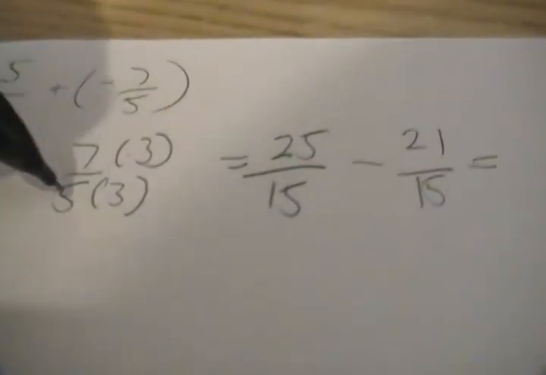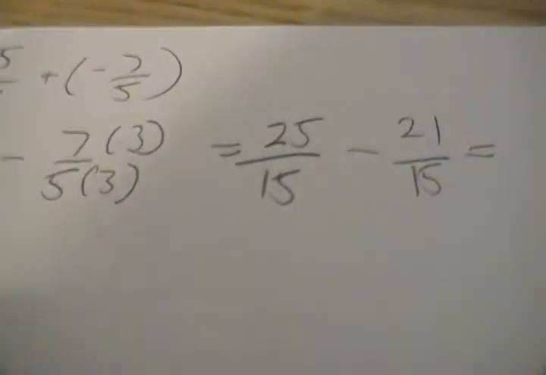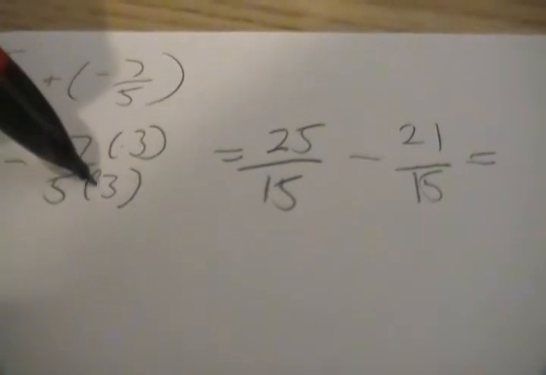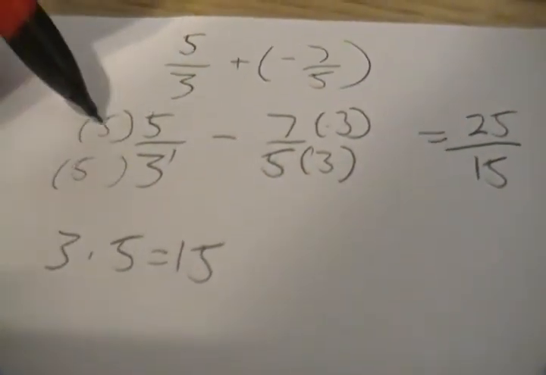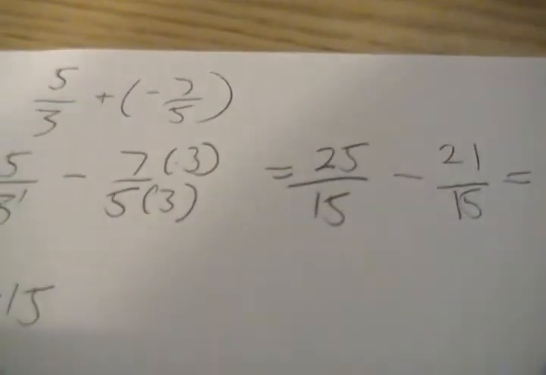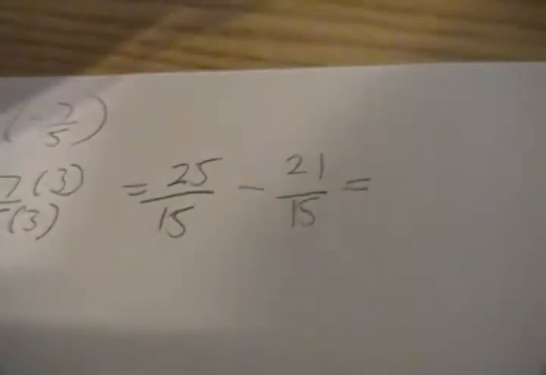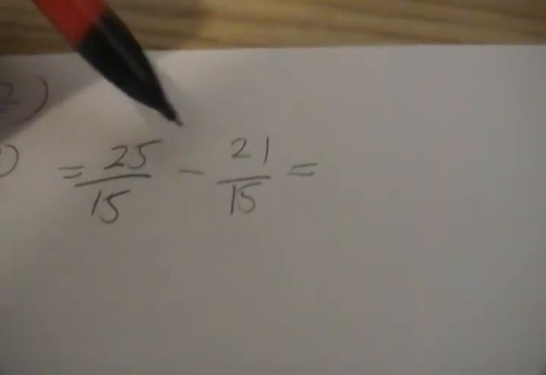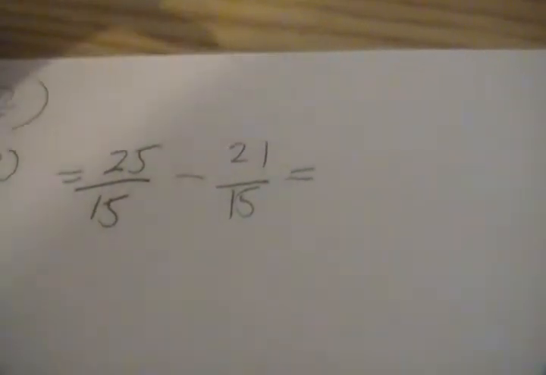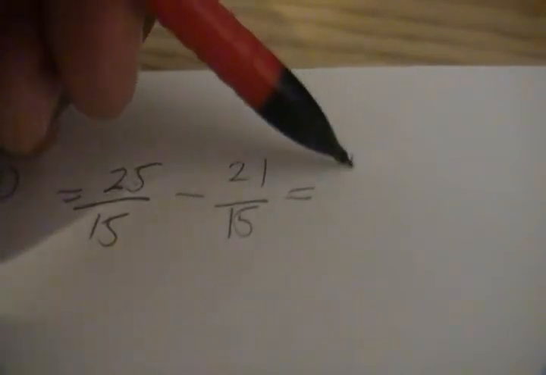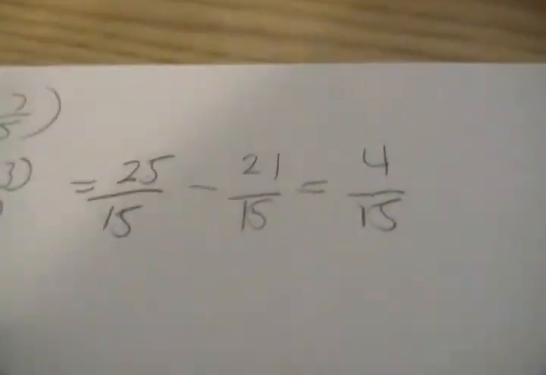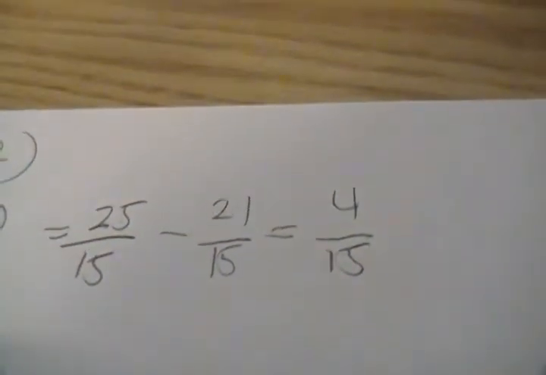To make 5 into 15, we multiply the bottom by 3. And again, whatever you do on the bottom, you have to do on the top. So that's all we did. So we get 25 over 15 minus 21 over 15. So 25 minus 21 is equal to 4 over 15.